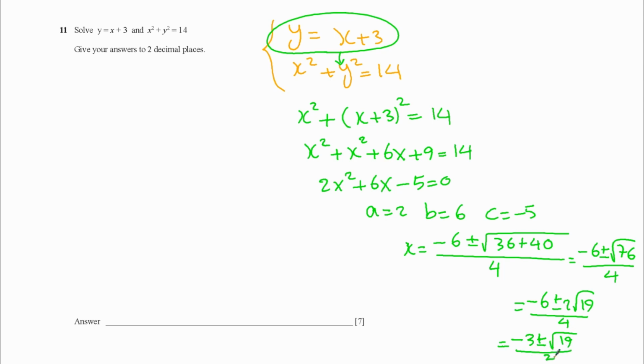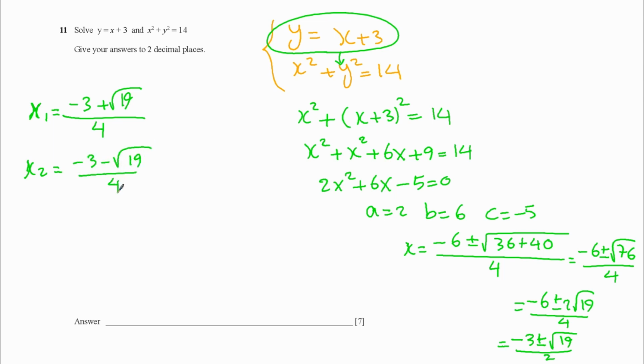So I am going to write the values in here. My x1, because I have two answers, is minus 3 plus square root of 19 divided by 4. And my second one is x2 equals minus 3 minus square root of 19 divided by 4.